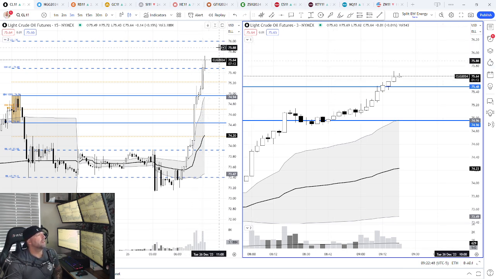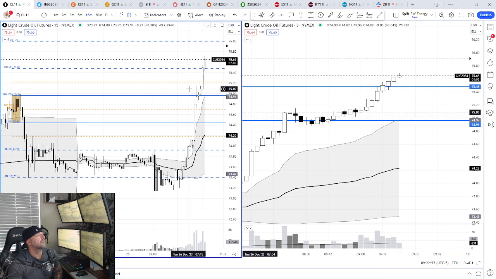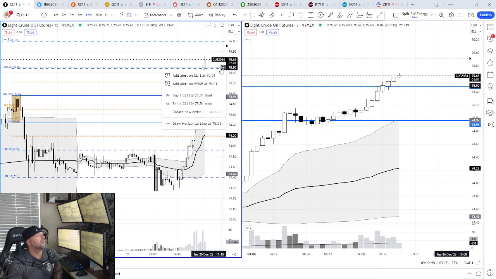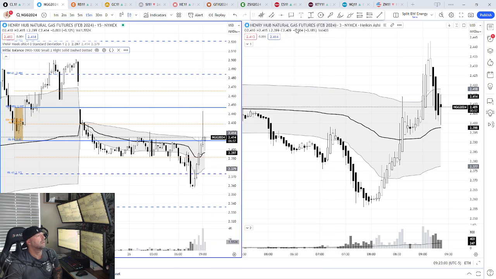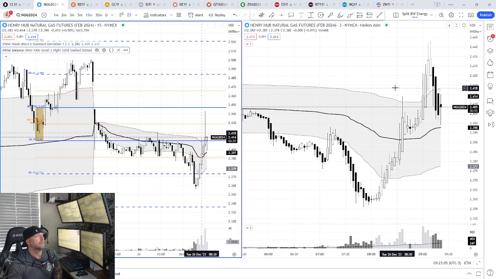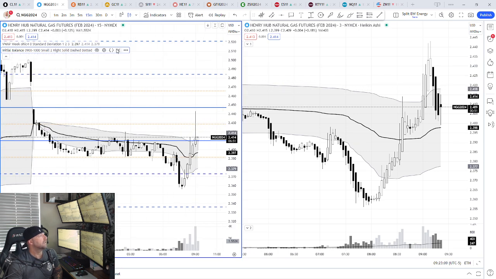All right, our next level is going to be up here. Let's see if we get up to 90. And if we come back down to 51, I'm interested. Oh, huge sellout for natural gas.